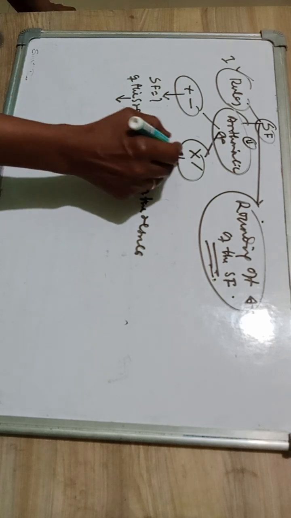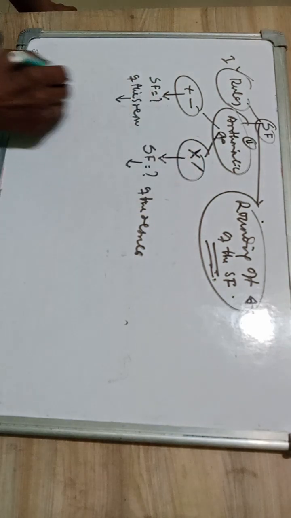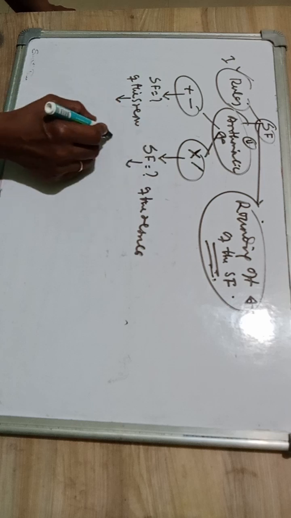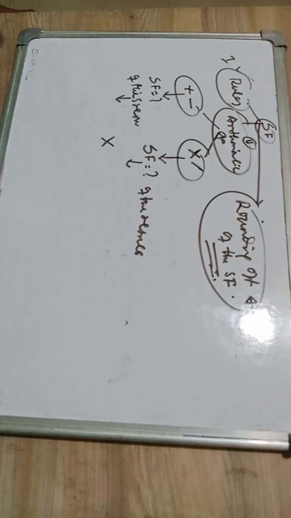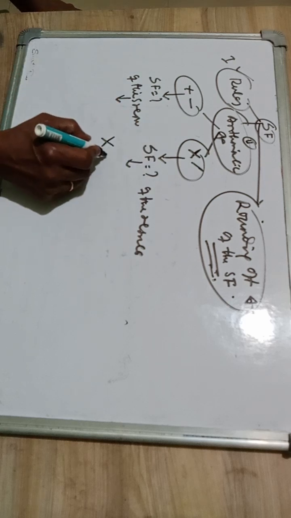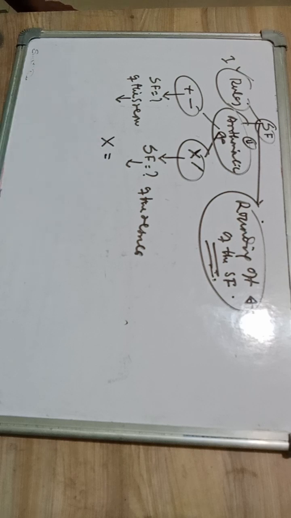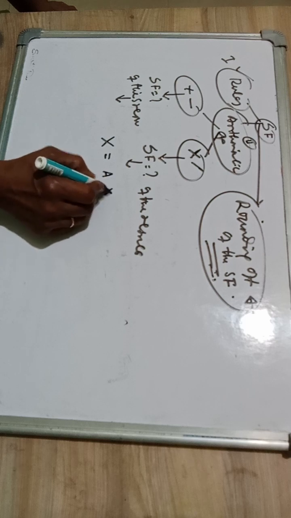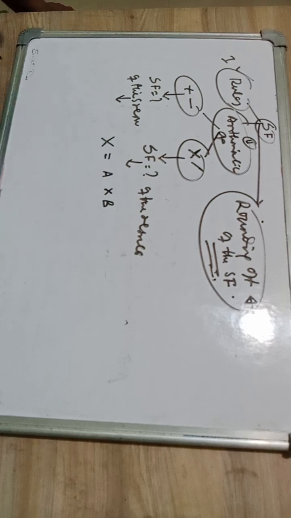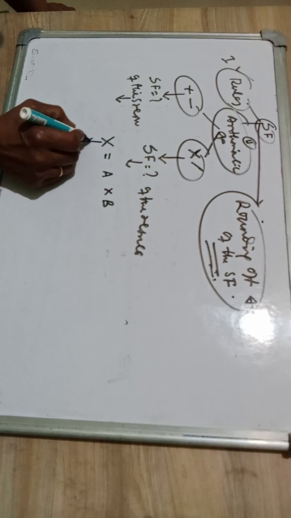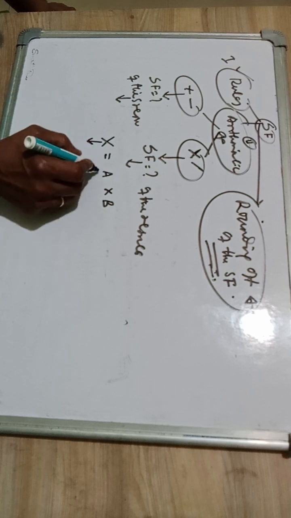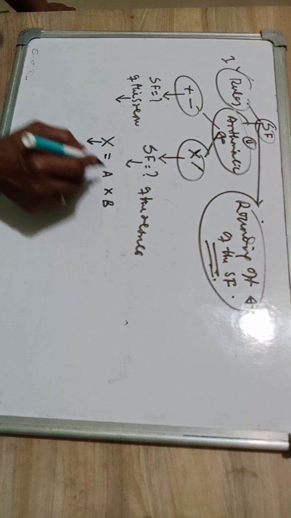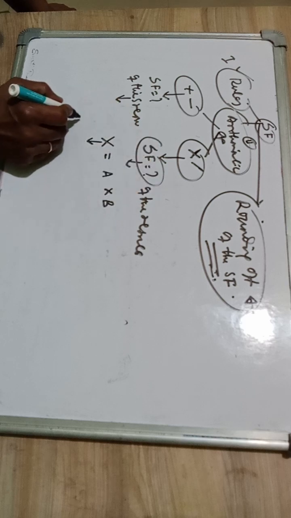If two quantities are multiplied and we get a result, suppose any quantity x is the multiplication of quantity a and b, then in that case what will you do to find out significant figure?